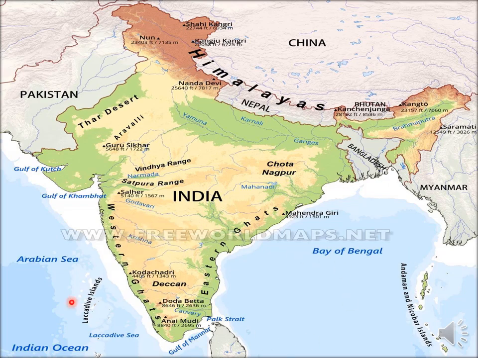This is the Bay of Bengal. Here that is the Arabian Sea. Here you can see the Himalayas, rivers, and the neighboring country China. Here it is Pakistan. Here Bangladesh, Myanmar. Here is the Andaman and Nicobar Islands, and the downward portion, that is Indira Point.